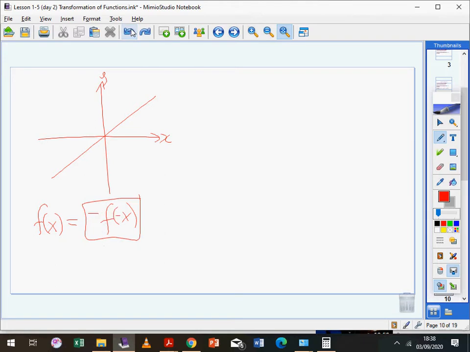This first one means you're reflecting across the y-axis. So the reflection of this will be on the left-hand side of the graph, which will be here, and the reflection of this one will be on the right-hand side, which will be there. So this is a reflection along the y-axis.